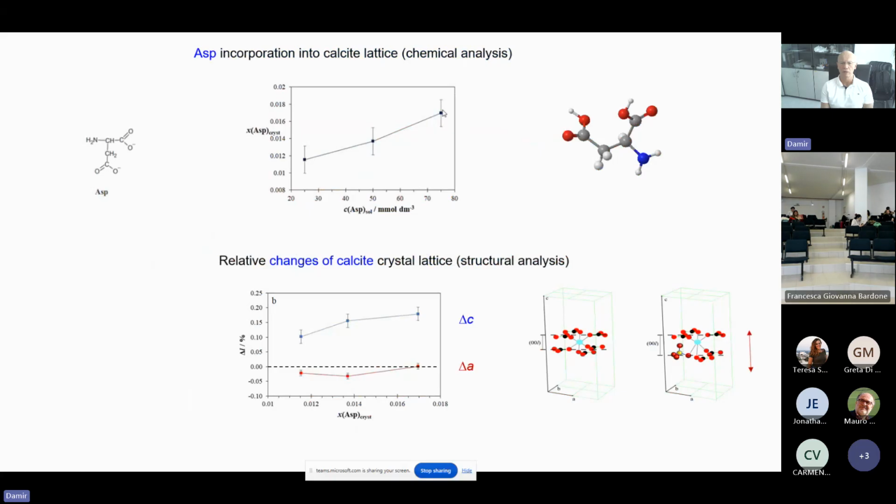We also found that the observed relative change of the crystal lattice in the C direction with increasing aspartic acid addition can be explained in a similar way. So it indicates that we have incorporation of aspartic acid in the crystal, and substitution of carbonate ions.